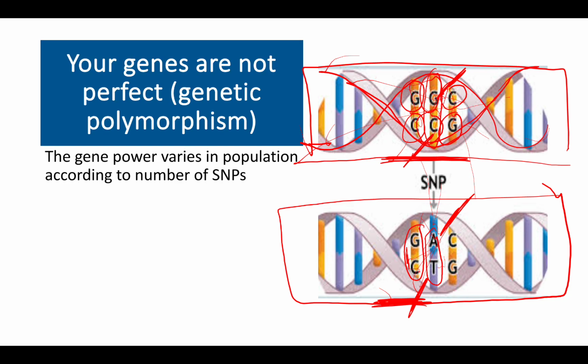And at the same time, a replacement of G and C by A and T can also increase the activity of the enzyme responsible for destruction of another chemical transmitter, for example, serotonin. Serotonin is the chemical transmitter of happiness.